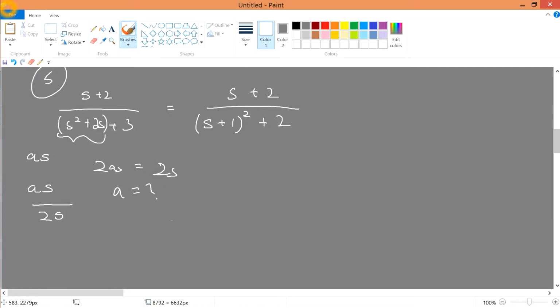What is a? Therefore we know that a is equal to 1. So 1s, 1s, 2s, right? So 1 times 1 is equal to 1, and this 1 will be subtracted from this term over here.